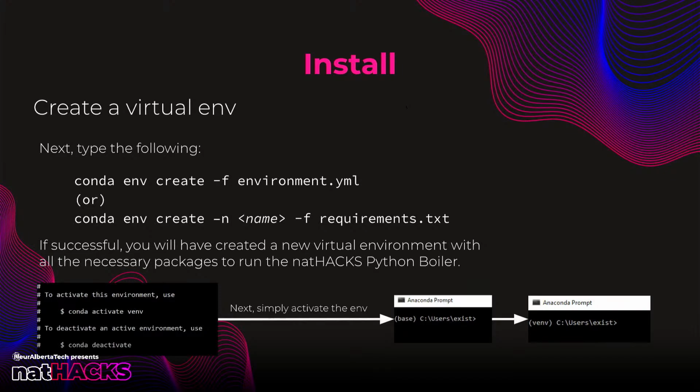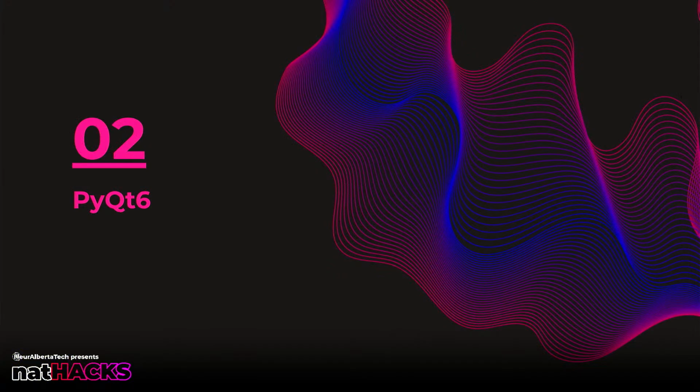While those are downloading, because that takes quite an amount of time, especially on the Wi-Fi here, we can start going over PyQt6. PyQt6 is a Python version of a library called Qt, which is spelled Qt.